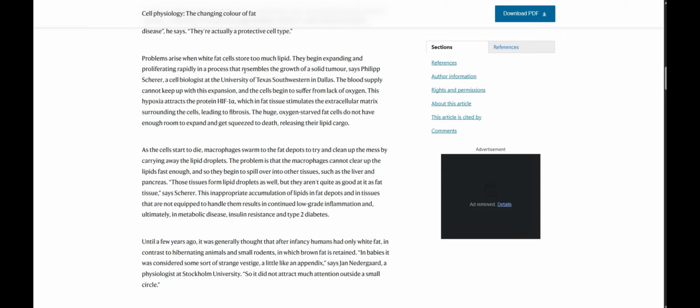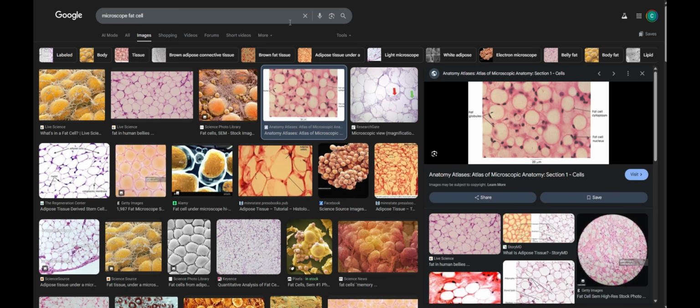Here it says it resembles the growth of a solid tumor. One of the ways to limit cancer growth is to stop angiogenesis, the growth of new blood vessels. So the blood supply cannot keep up with this expansion. I'm not sure that happens with solid tumors, outside of my wheelhouse, I guess, but detection of tumors, neoplasms, is often through the vascularization, because along with the cell growth you have increased blood supply in these smaller vessels.